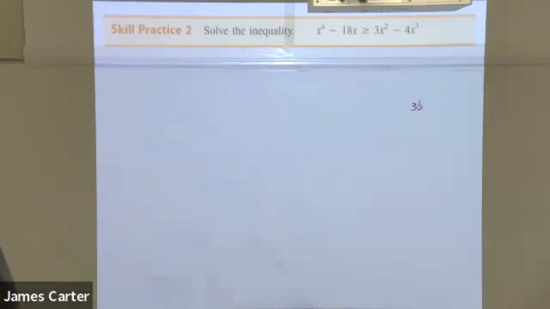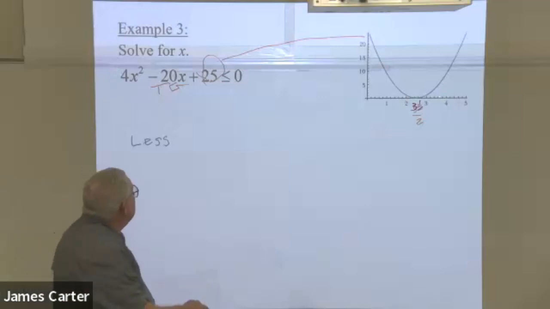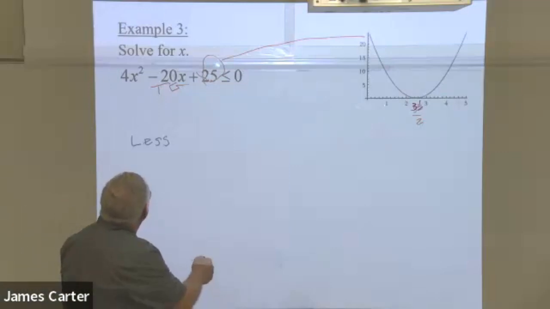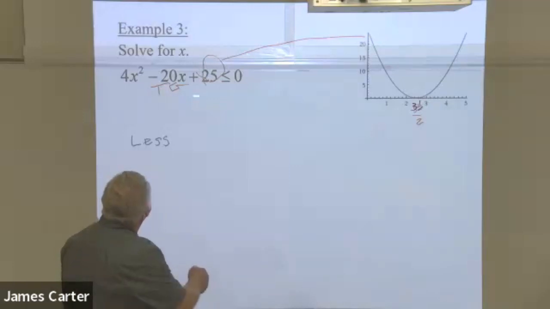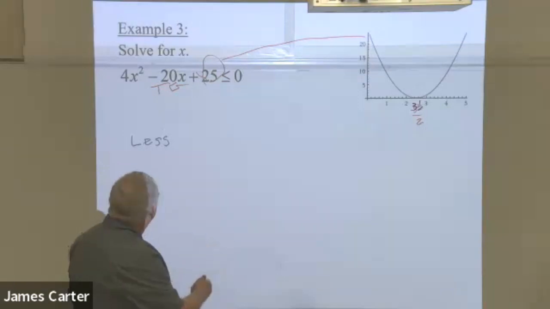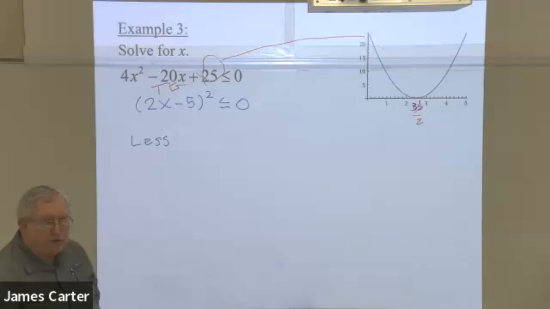Okay, what about this one? Well, we're going to skip over that one and go to this one. This one's already got an equation form. It happens to be second degree, so it's a parabola. It happens to be positive, so it opens up. Y-intercept is 25. Now, we factor this thing, and it becomes that when you factor it.